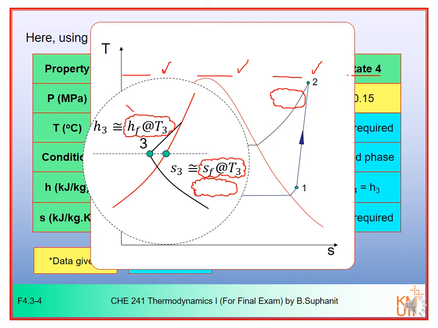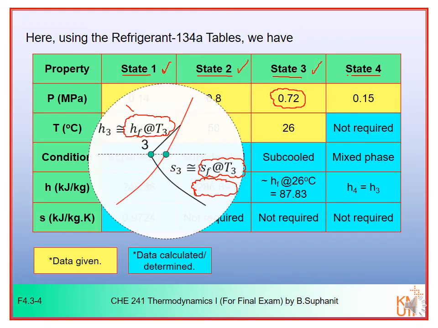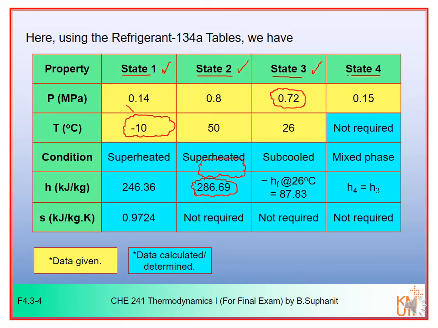This is a good enough approximation because the region between the subcooled liquid line and the saturation liquid line is very close. So you can just determine the enthalpy of this subcooled liquid by using the saturated table.